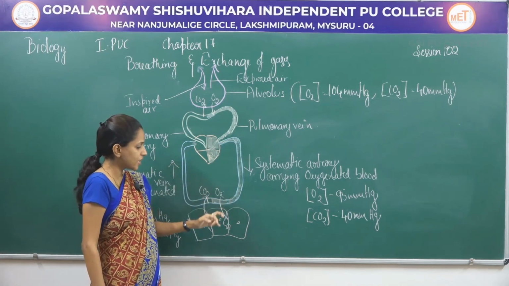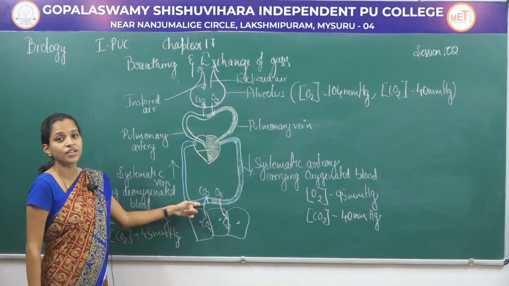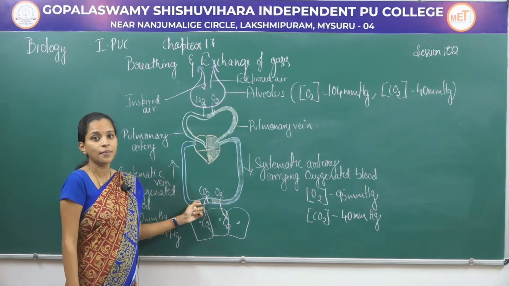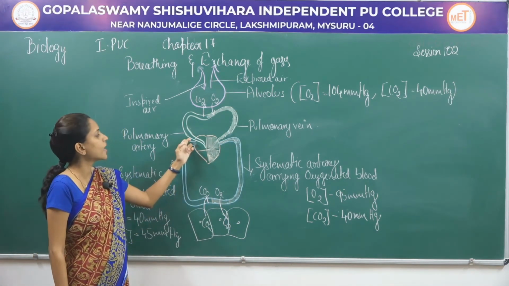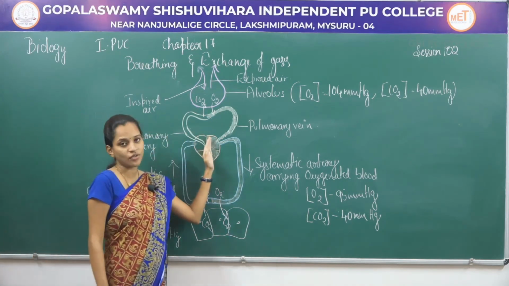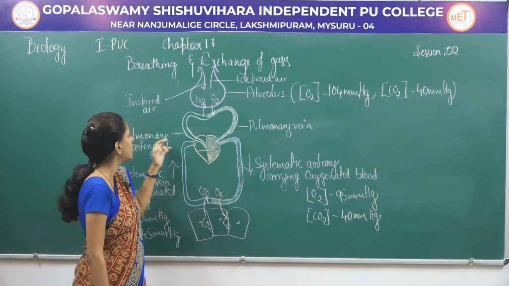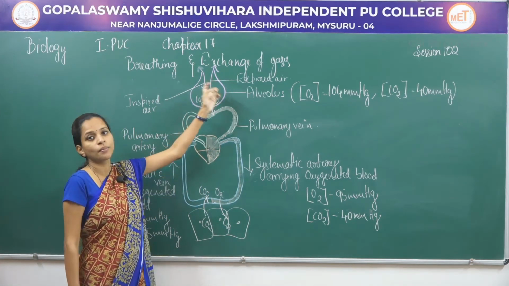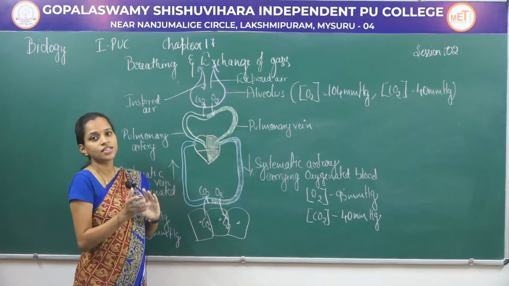Now the oxygenated blood has converted itself into deoxygenated blood. This deoxygenated blood is carried through systemic veins into the right side of the heart, which again through pulmonary arteries are going back near to the lungs for exchange of gases.